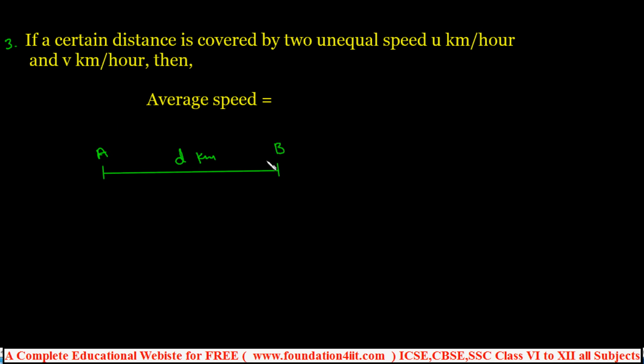So one person reached from A to B with u kilometers per hour speed and returned from B to A at another speed, v kilometers per hour. Then to find the average speed, you should not do adding or subtracting or dividing. A to B is one speed and B to A is another speed. To find the average speed, the formula is 2uv by u plus v. We can apply this directly to find the average speed when covering two distances.